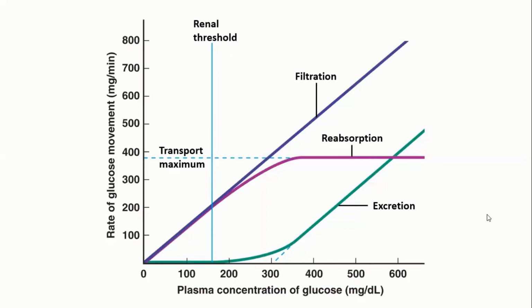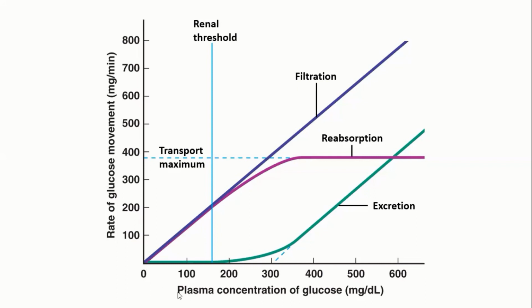Okay. So we can also see this in graph form, basically. So here's our transport maximum that we calculated using that threshold of 300, right? Actually, I'll go through all these lines first. So first we can see the filtration of glucose.